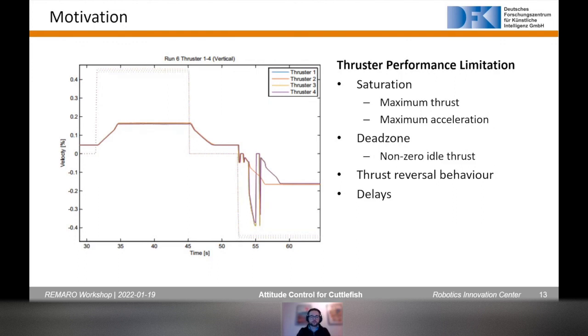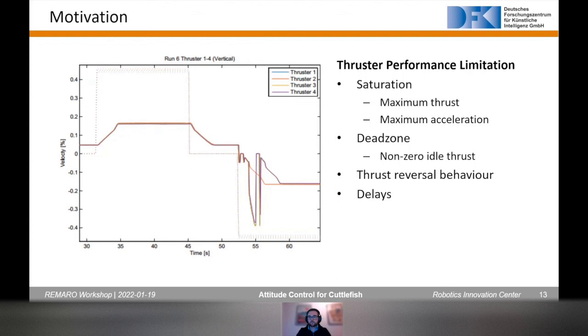If you know a little bit about electric motors, this will seem familiar. But what it means is that at very low velocities, we have no feedback, and that means at very low velocities the thruster cannot operate. That means in turn that whenever we operate the thruster, it has a non-zero idle thrust. So if it's active, if it's enabled, the thruster will run at a very low speed, but it's high enough to actually produce a thrust, and we need to take this into account.